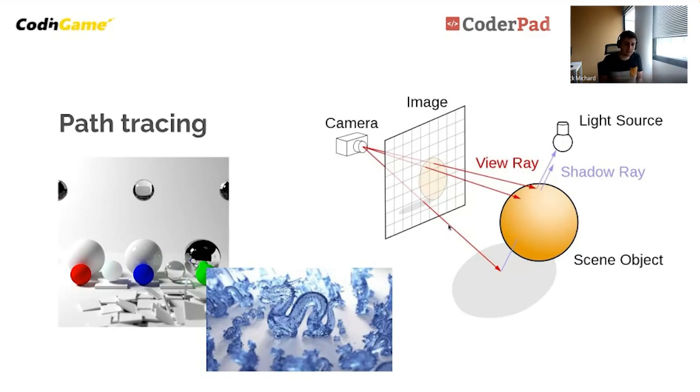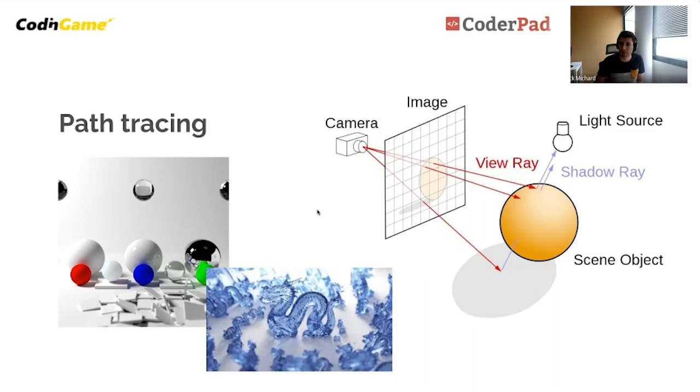Why is this called path tracing or ray tracing? Because we will shoot rays from the camera toward the scene to intersect objects inside the scene and simulate the light. And the idea is to get as close as possible to photorealistic images.